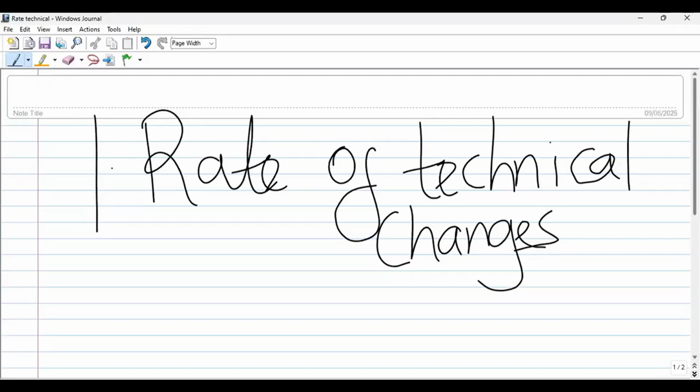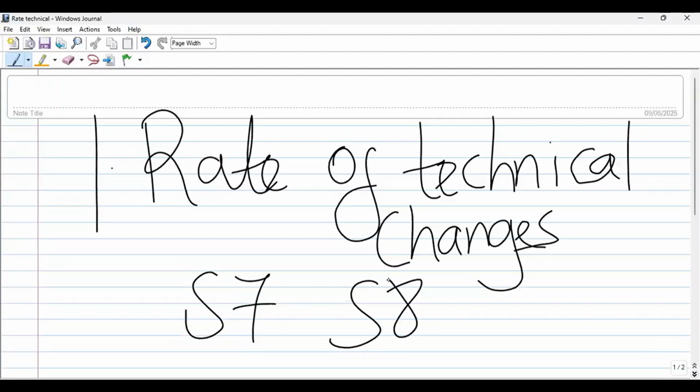Someone who has a Samsung S7, immediately the S8 comes out, because technology keeps on growing. It is easy for someone to switch from an S7 to an S8 quickly because it is readily available and the phone has been improved to a better breed.